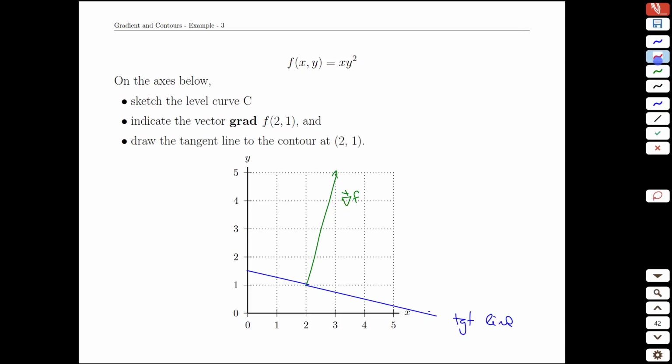And as we indicated earlier, we had the actual contour, which was defined by y equals the positive root of 2 over x, and that would be some kind of asymptotic graph. But by the time we get down to this point here, it has to be tangent.